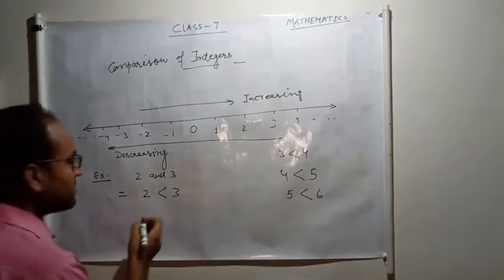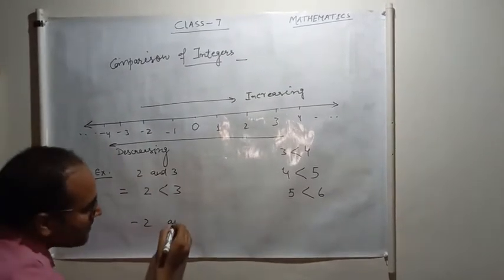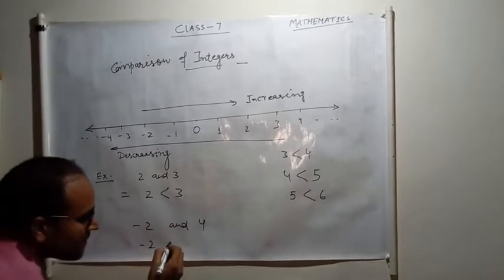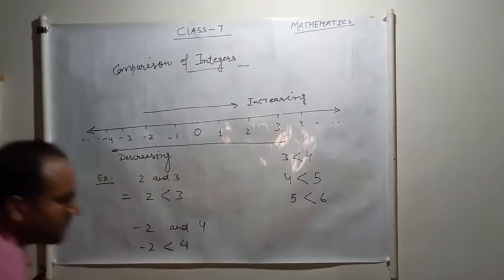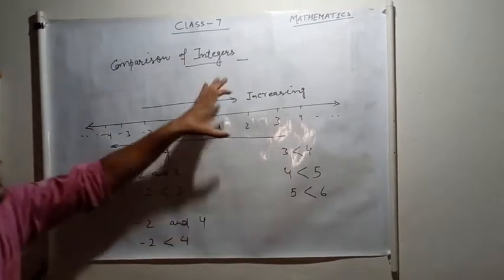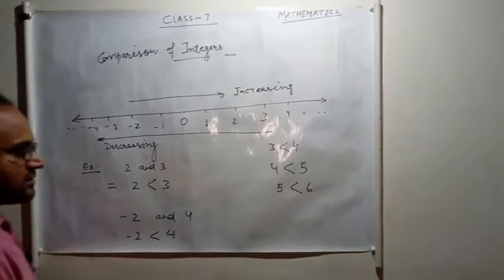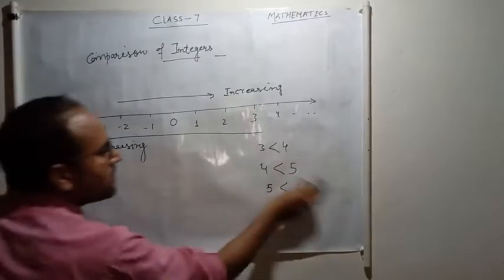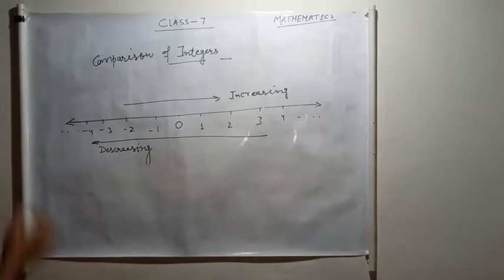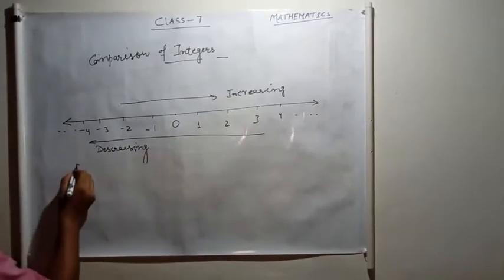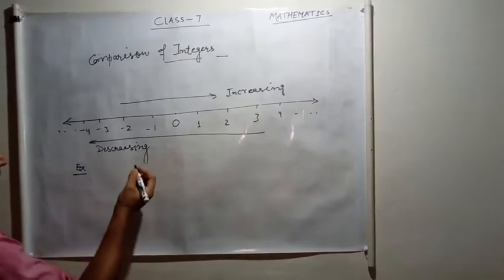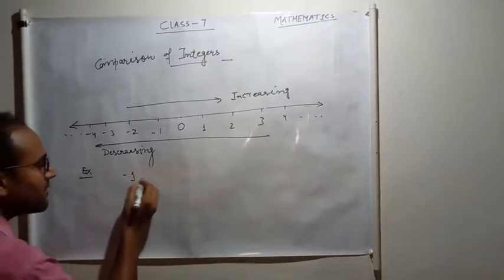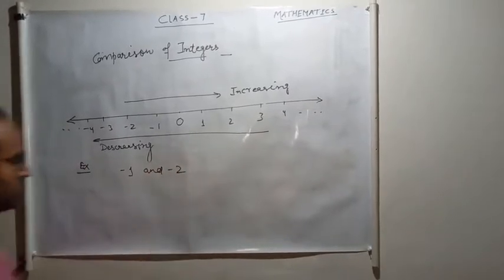Suppose I take -2 and 4, which one is greater? 4 is greater than -2. Now take another example, when we go from right to left: -1 and -2.